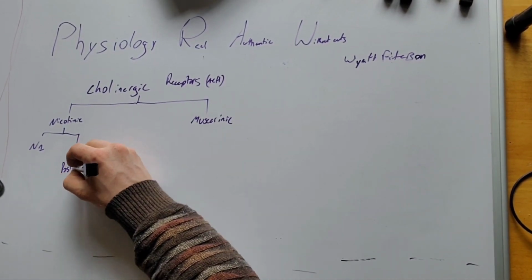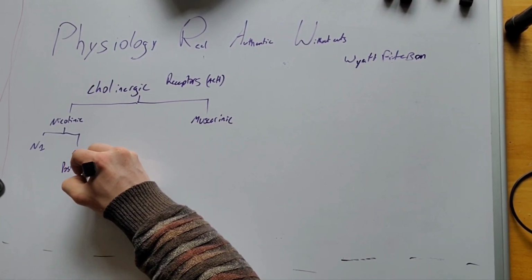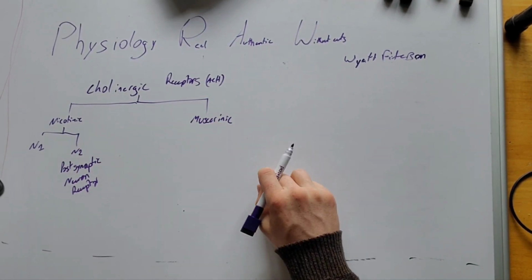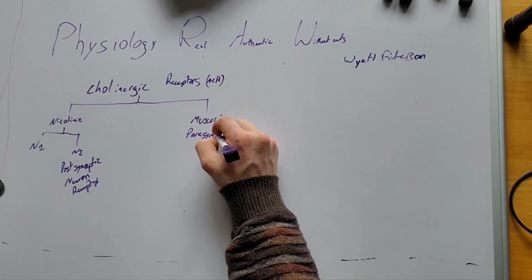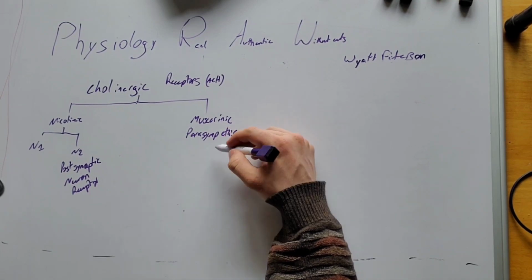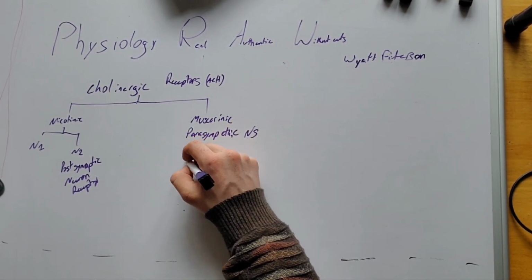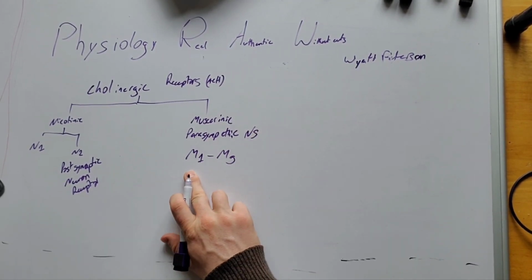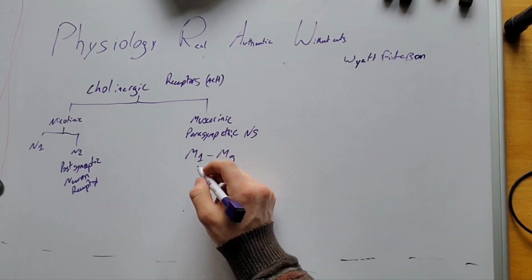All right. And so this one is going to be located in the parasympathetic nervous system. This one has the types of receptors M1 through M5, so 1, 2, 3, 4, 5.